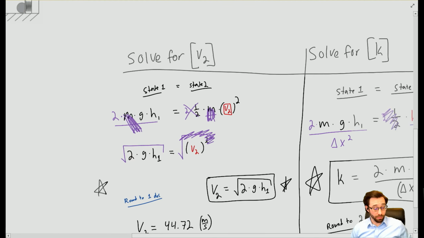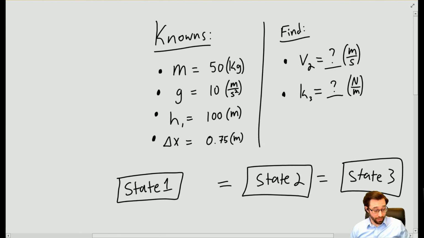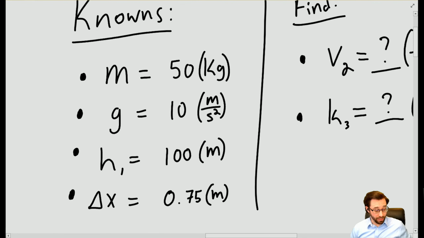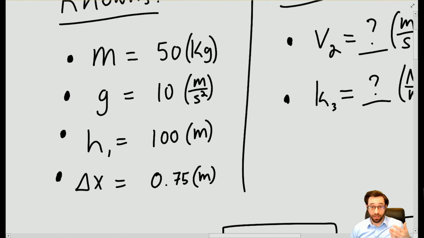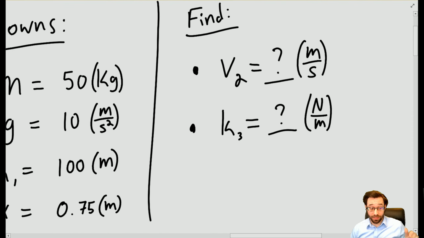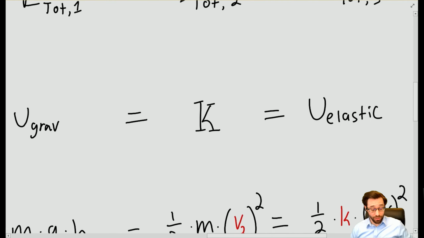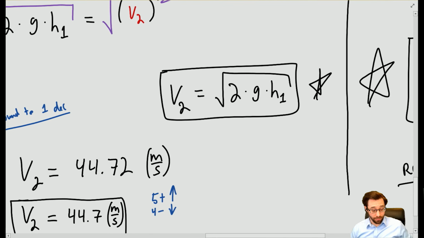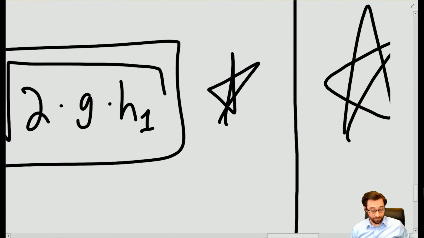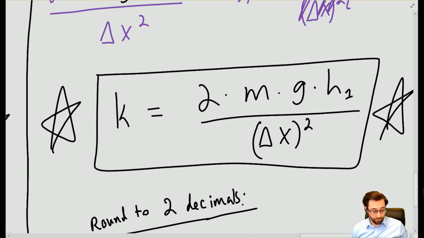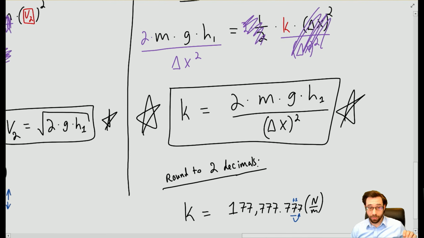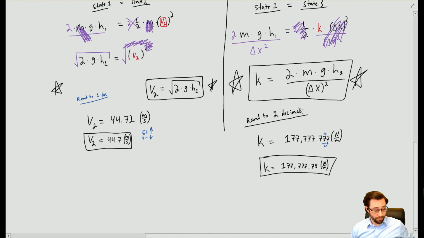If I give you a problem where it looks like this, I give you the mass, I give you acceleration due to gravity, I give you the height, and I give you how much the spring has been compressed, and I ask you to find the velocity at state 2 and the spring constant at state 3. The only 2 equations you need is this guy and that guy. Okay? And then all you have to do is plug it in, and then you're good to go.